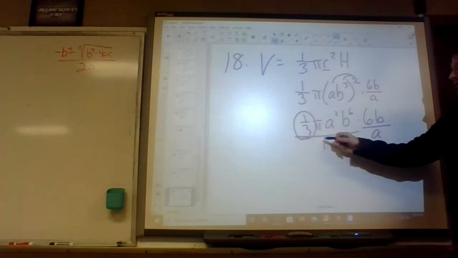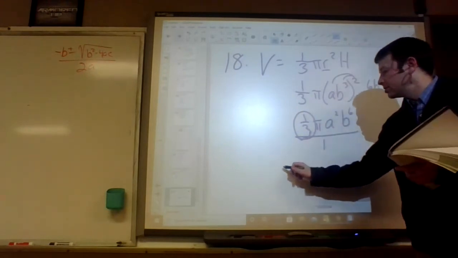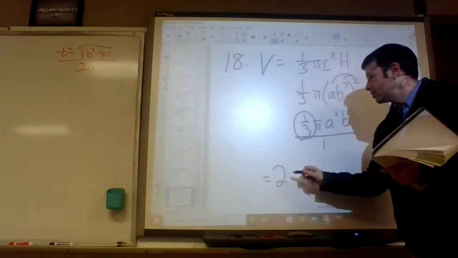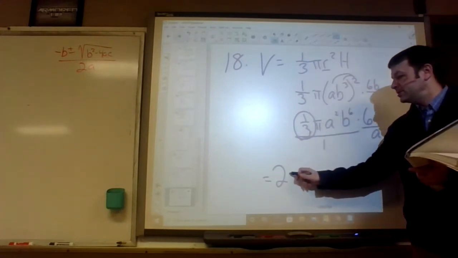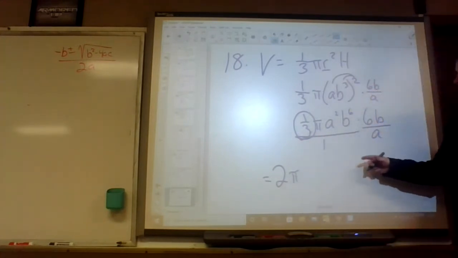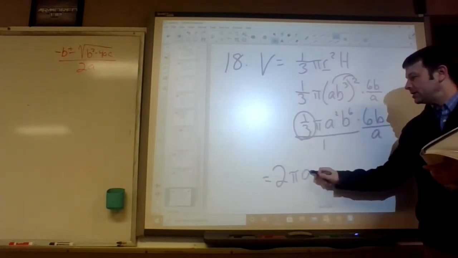So I see a 1/3 times a 6. What's 1/3 times 6? It's 2. And A squared, okay, pi, there's nothing to do with pi, so I'm just going to throw them up there. A squared divided by A is A.